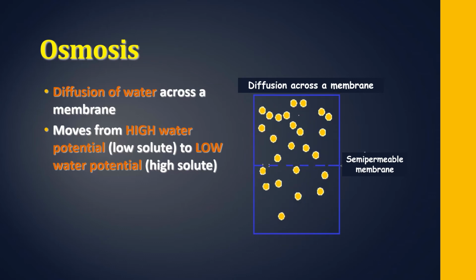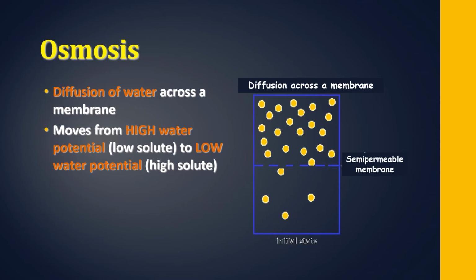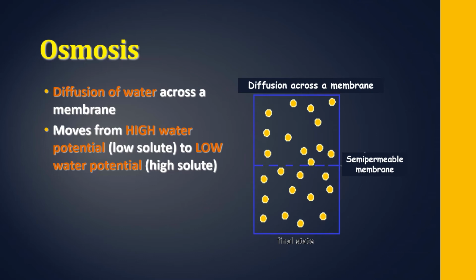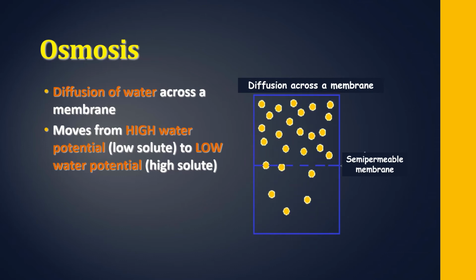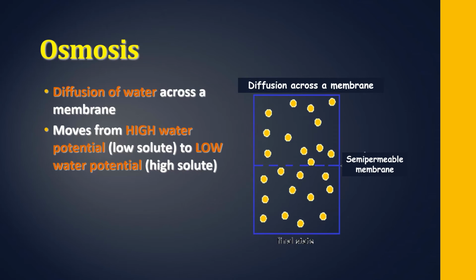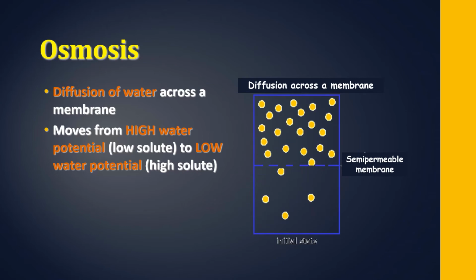Now, in osmosis, my dear students, there is diffusion across a membrane. It moves from high water potential, which means low solute, to low water potential, in which there is high solute.